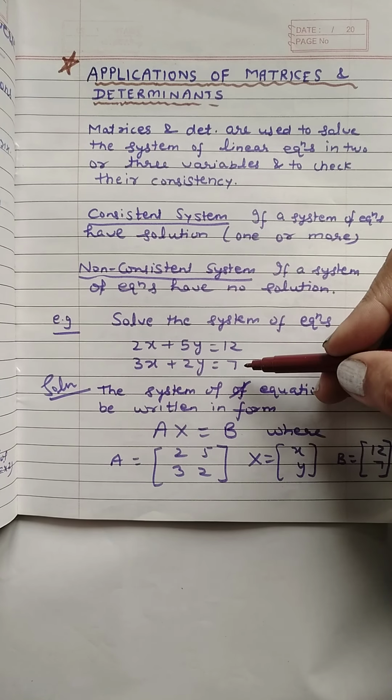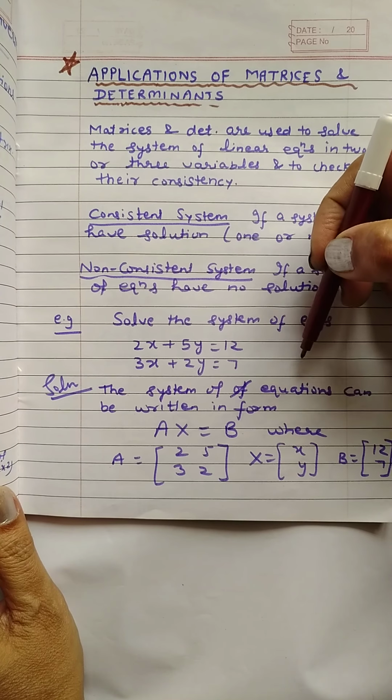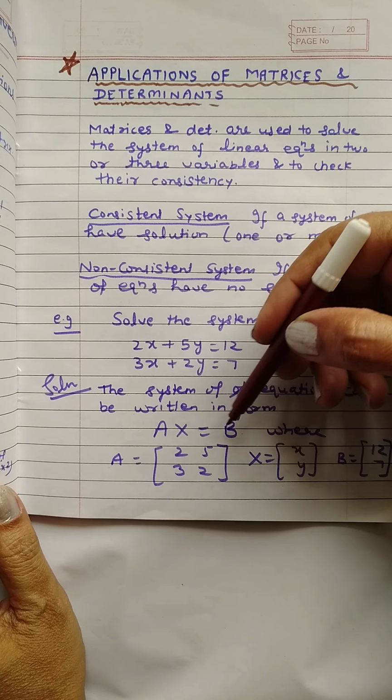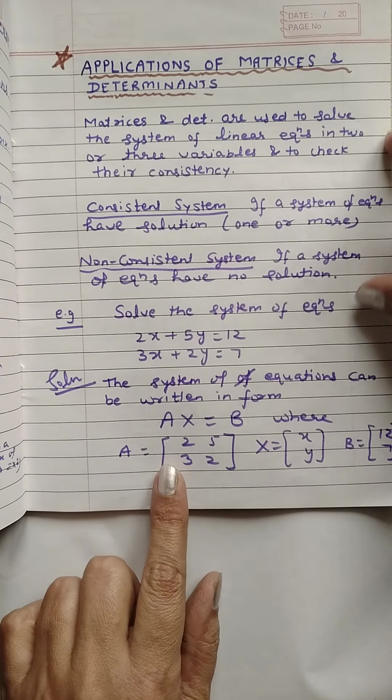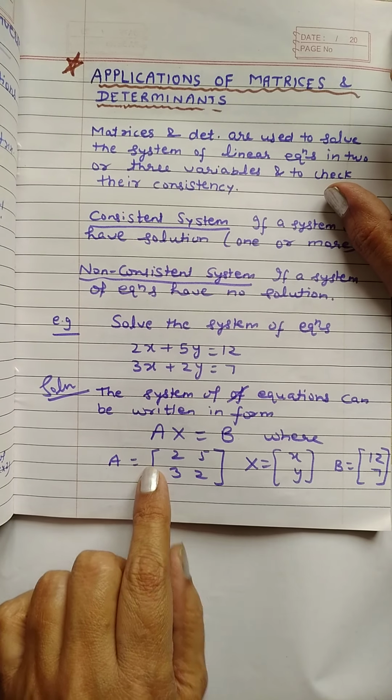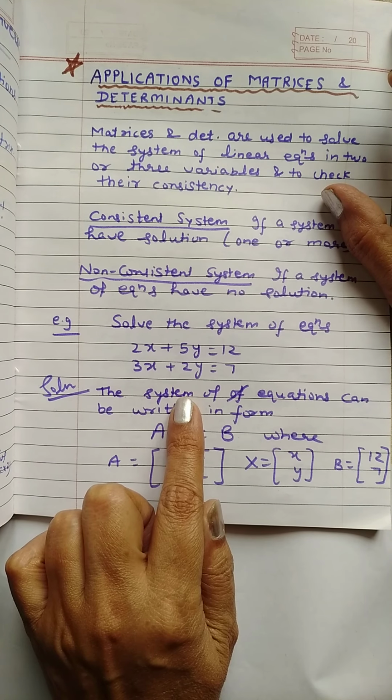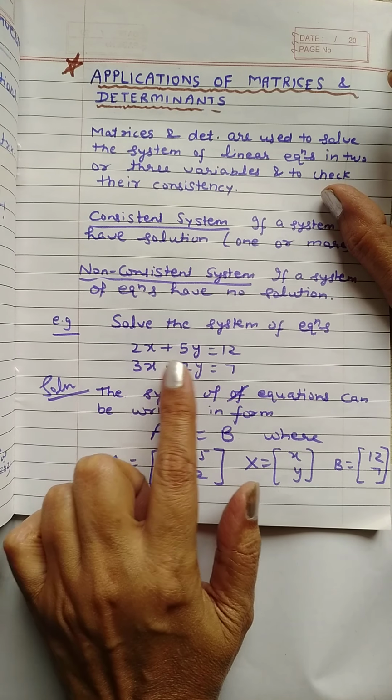See, firstly you will write the system of equations in the form Ax = b, where A is this matrix, 2 5 in the first row and 3 2 in the second row, the coefficients of x and y.